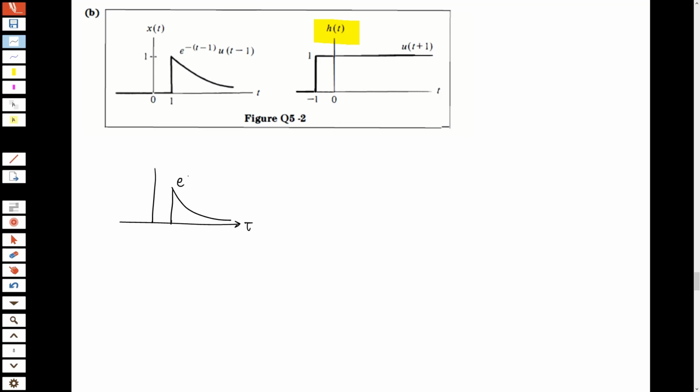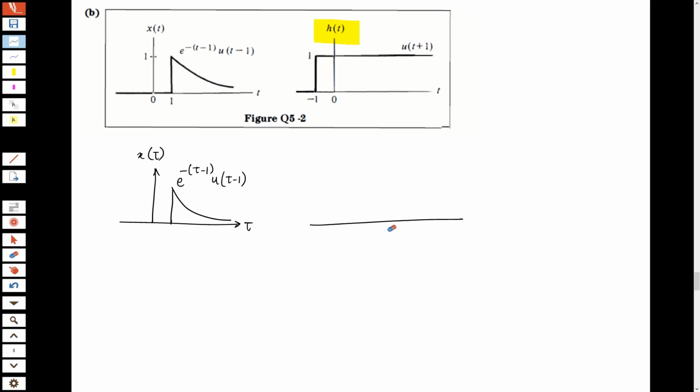Solving questions graphically is always an easier way, but it's important that while writing the extremities of the flipped version, you do not make a mistake, because that is the only point where you can make a mistake. If you write that correctly, the probability of you making an error in a convolution question almost reduces to 0.